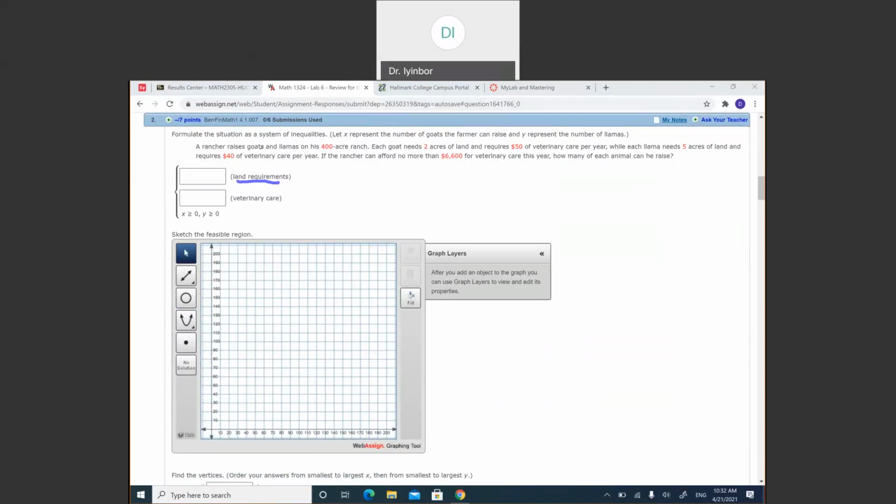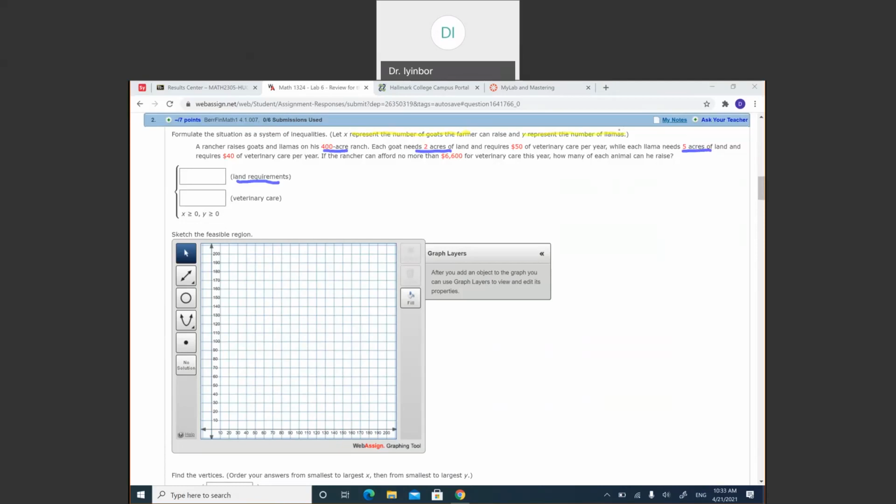So here a rancher has 400 acres. So I'm going to look at the acres here. Each goat needs 2 acres and each llama needs 5 acres, right? It's also important to read here. It says X represents the number of goats and Y represents the number of llamas.